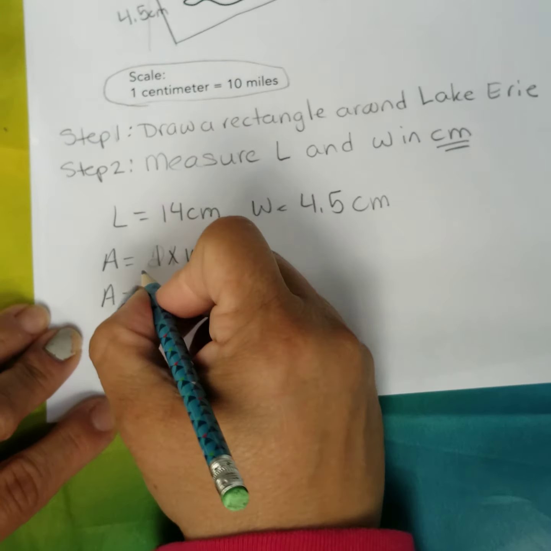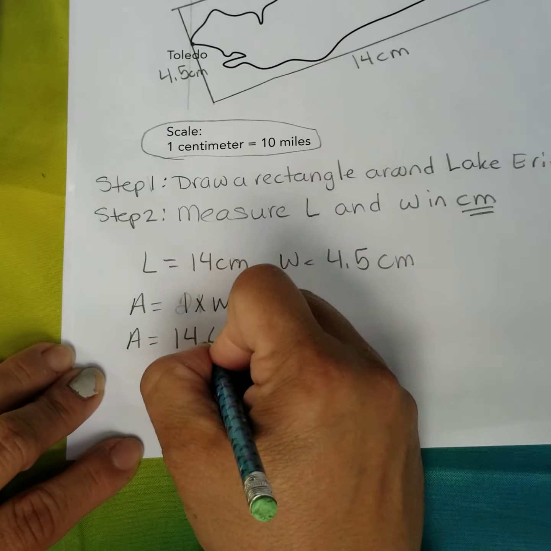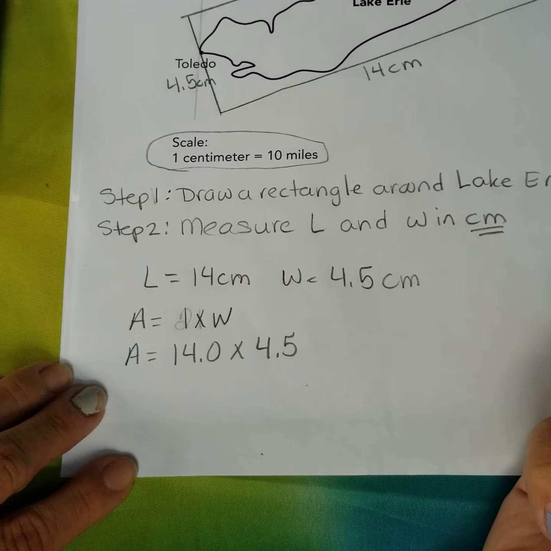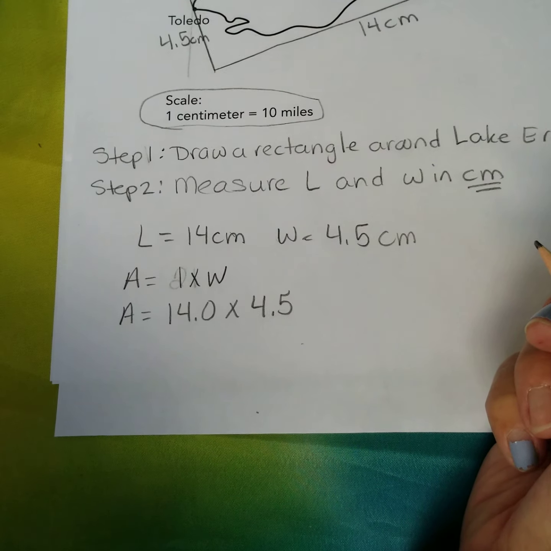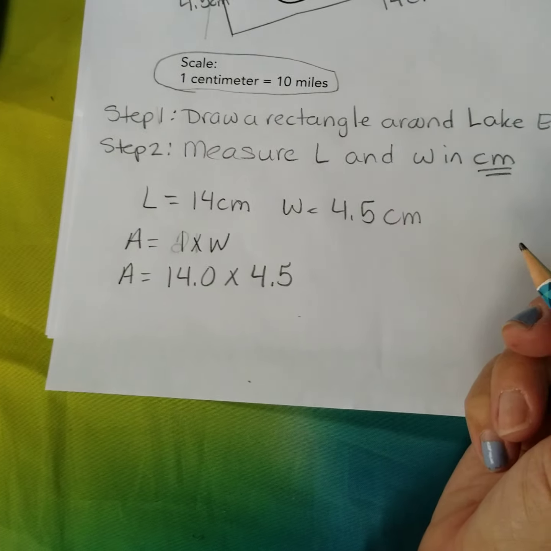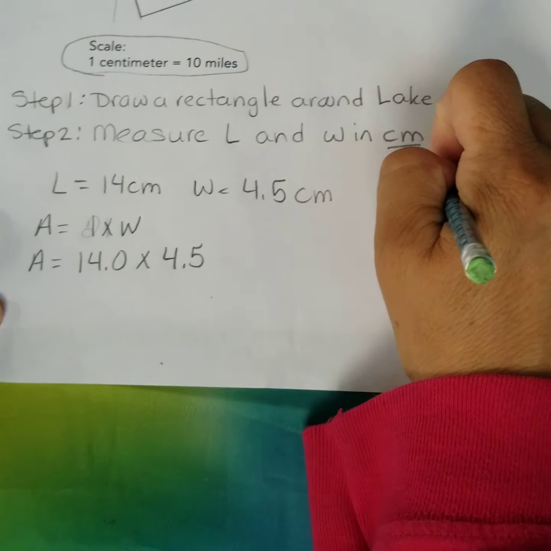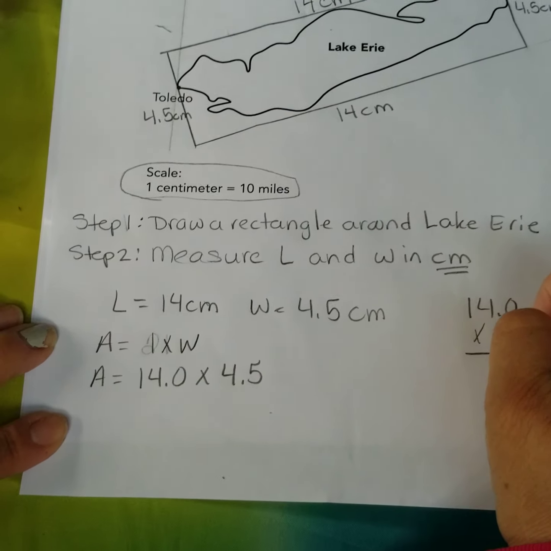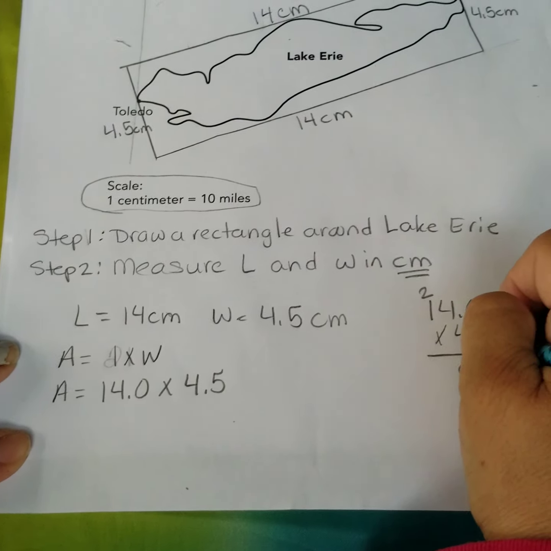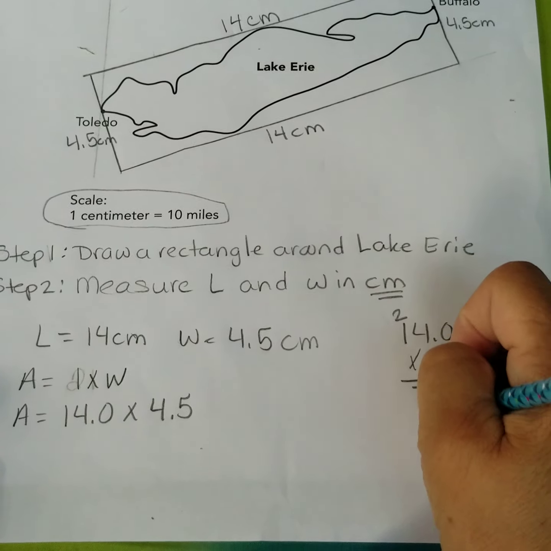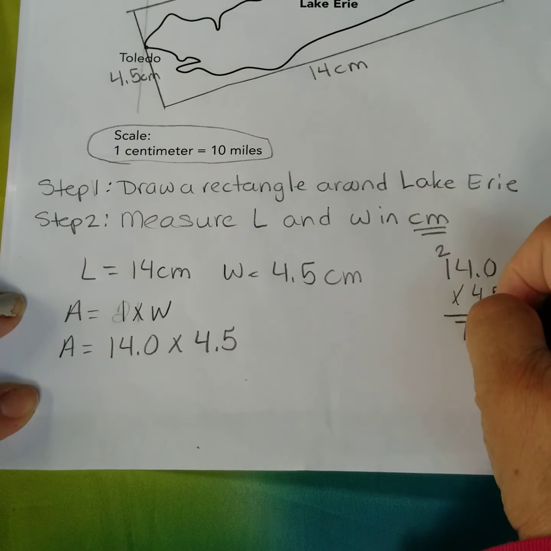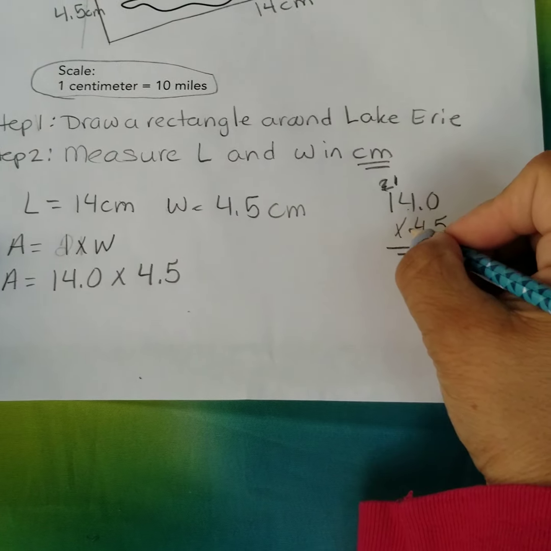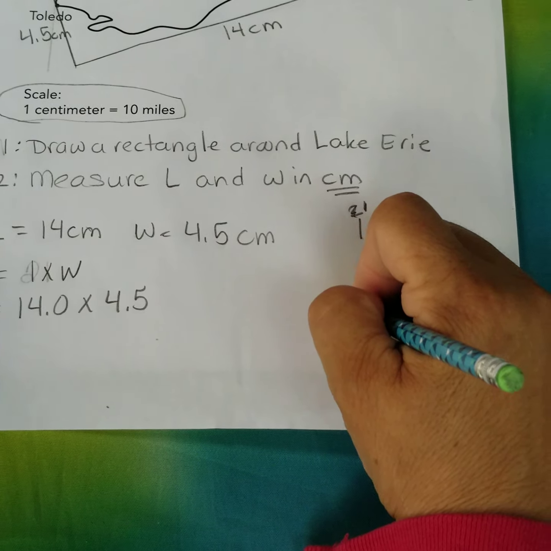Area equals length 14 centimeters times width 4.5 centimeters, and I don't have a calculator, so let's do it old school. 14.0 times 4.5, that's 0, that's 20, carry my 2, 5 times 1 is 5, plus 2 more is 7. For my placeholder, 4 times 0 is 0, 4 times 4 is 16, carry my 1, 4 times 1 is 4, plus 1 more is 5.